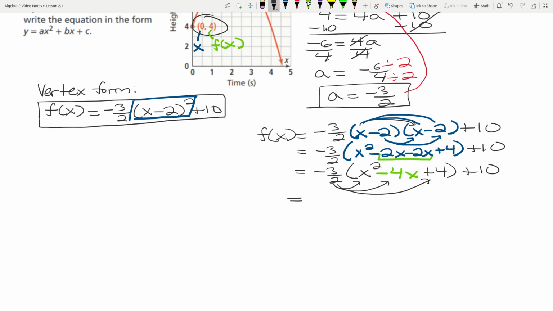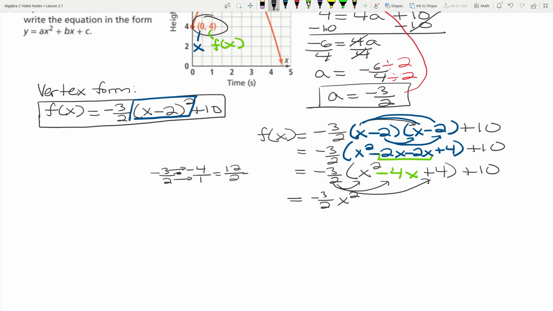So we got negative 3 halves times x squared, just like that. So now we got to do negative 3 halves times negative 4. So let's do that on the side. Negative 4 is the same thing as negative 4 over 1. And then you multiply straight across. Negative 3 times negative 4 is 12, and 2 times 1 is 2.